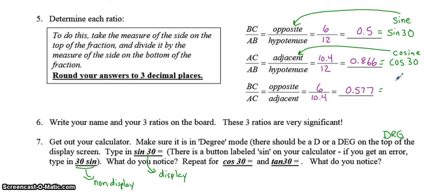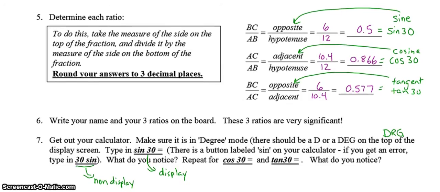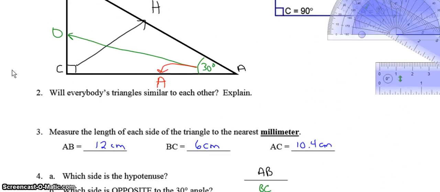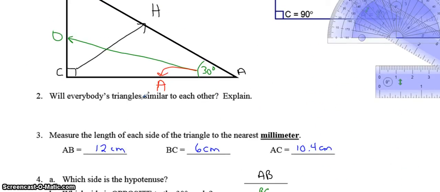And the tangent is abbreviated as tan, and that's the ratio of the opposite to the adjacent, and for a 30-degree angle, that is 0.577. And for any triangle that has 30 degrees and 60 degrees, they will always have the same ratios because everyone's triangles will be similar to each other.